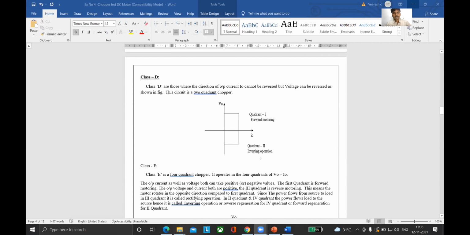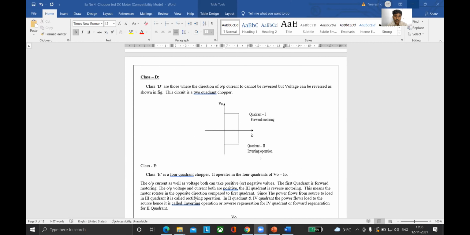In the same way, class D chopper. In class D chopper, the output current is always positive, and the output voltage is positive as well as negative. In which quadrant will it be operated?